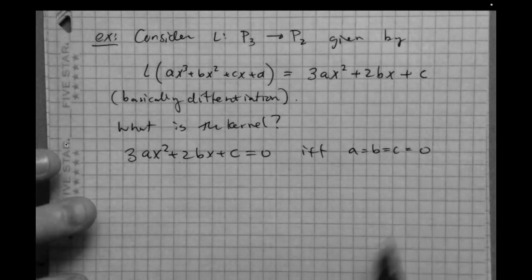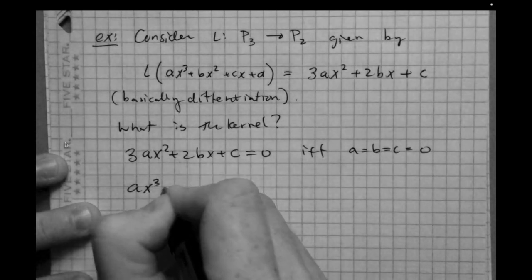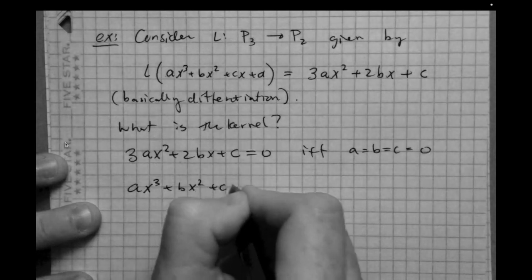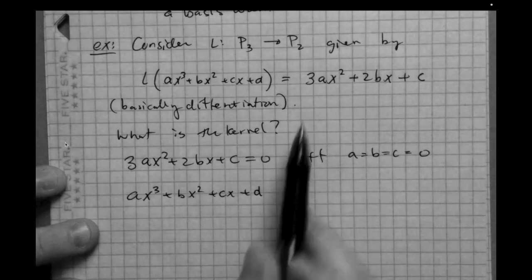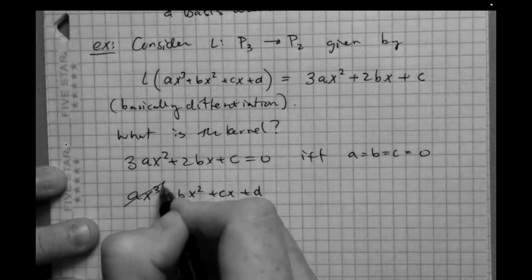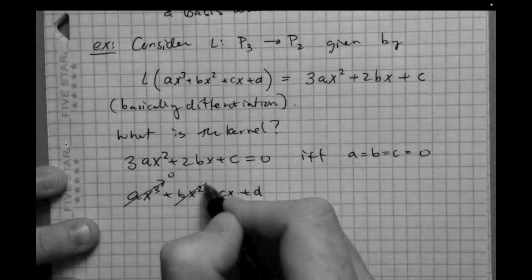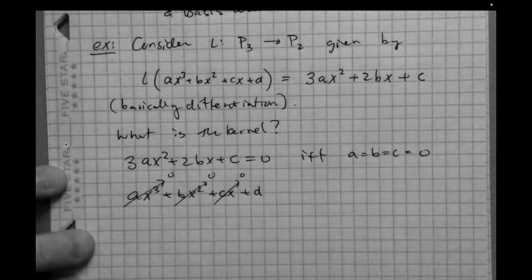And so when is that going to be true? If I take polynomials from P3, ax cubed plus bx squared plus cx plus d, when is this going to be 0 after the linear transformation? Well, a has to be 0, so this term will be 0. B has to be 0, so that term is 0. And c has to be 0, so that term is 0.